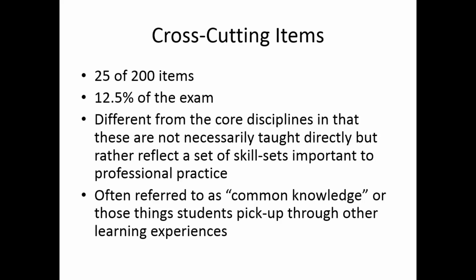They are not like the core disciplines in that traditionally in schools and programs of public health, students in Master of Public Health programs and others, depending on the school or program, have taken classes in the 5 core areas. And there isn't typically a class in cross-cutting areas, but this is content and knowledge and a set of skills that we believe are important to the professional practice of public health.